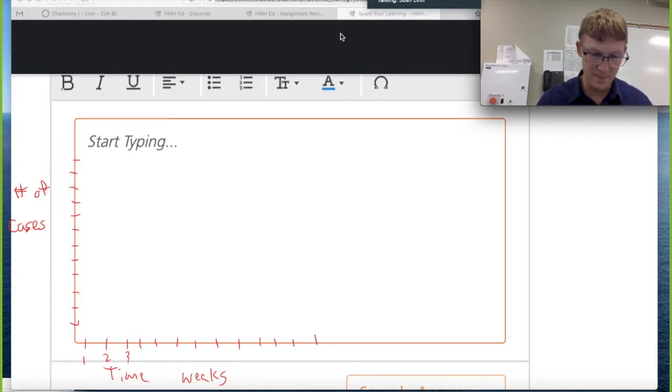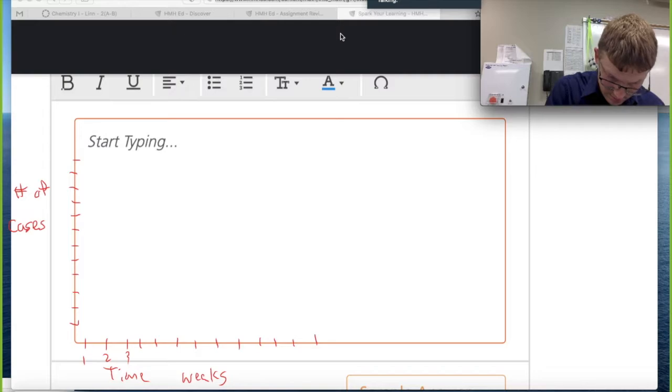Let's say our y-axis is in hundreds. So this would be 100, 200, 300, and so on.